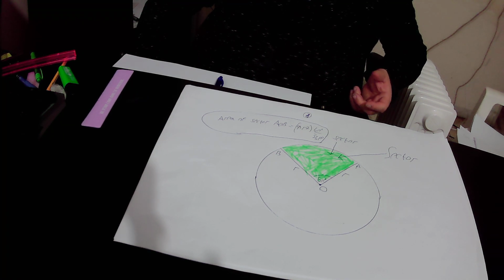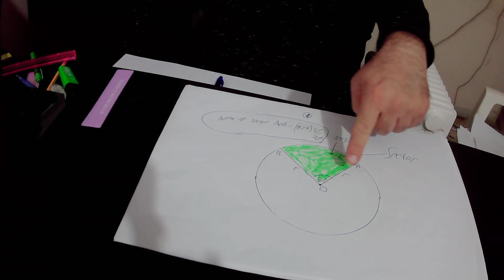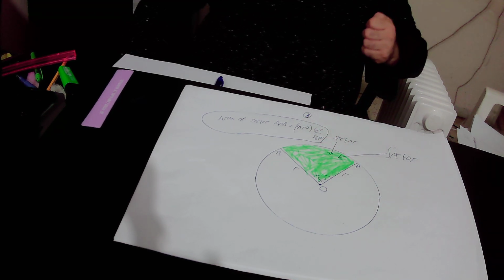So actually the general formula for the area of a sector is pi r squared times the angle that is between those two radiuses over 360 degrees.